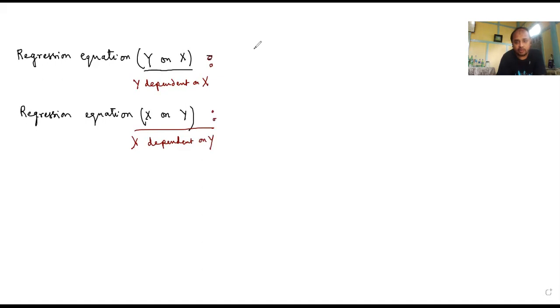As you can recall, one regression equation was y minus y bar equals r into sigma y by sigma x into x minus x bar. Another regression equation was like this: x minus x bar equals r into sigma x by sigma y into y minus y bar.